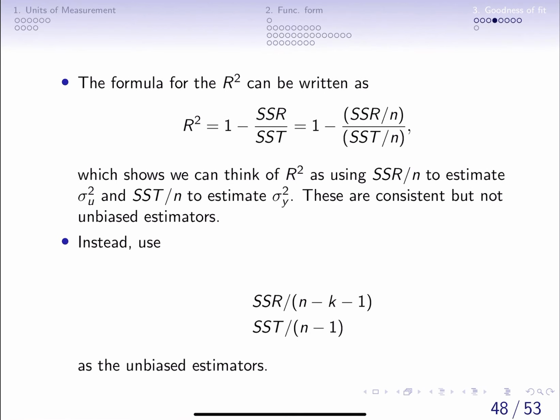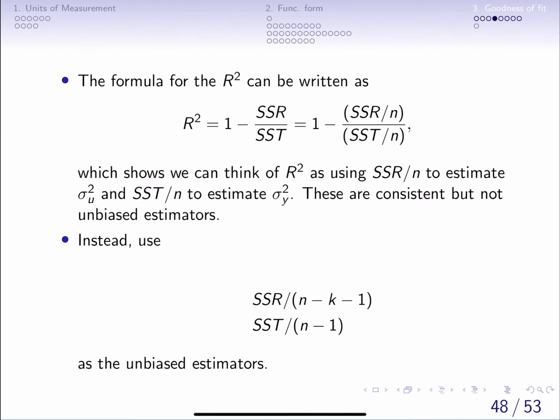What I want you to remember is that we have established that r-squared is given by this expression, which can be written as 1 minus the sum of squared residuals over the total sum of squares.